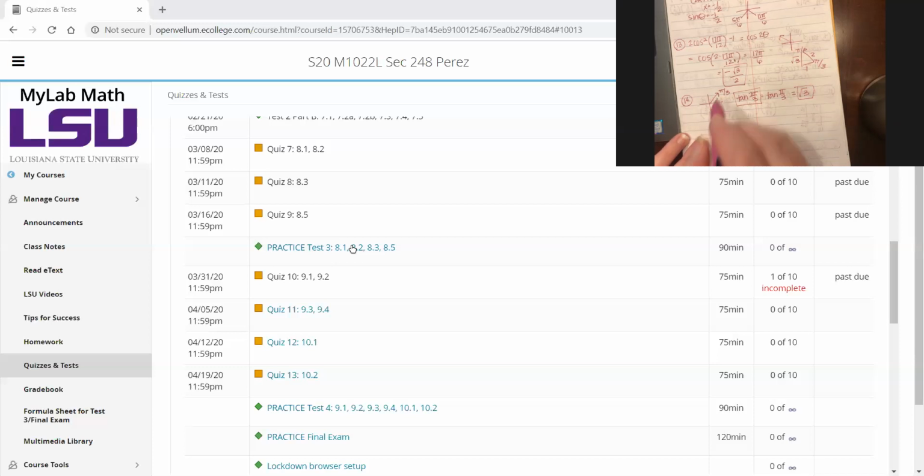And then 7 pi over 4 is right here. All students take calculus, so tangent is negative. And tangent of pi over 4 is 1. So everywhere I see that, I'm going to put a negative 1.